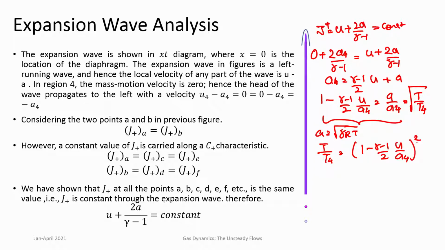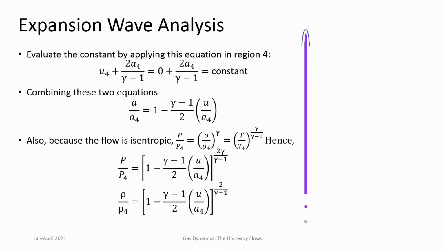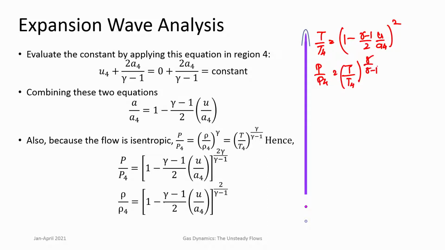So using the C plus characteristics, we are now in a position to relate the flow variables along the expansion fan. T by T4 is known. Now, P by P4 is T by T4 to the power gamma by gamma minus 1, because this is an isentropic process. So that is how you get these relations.